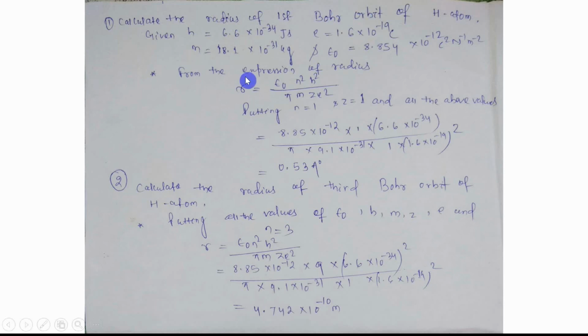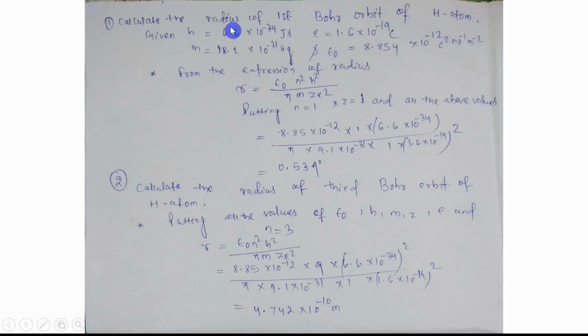We already know the expression for radius, and that expression is r equal to epsilon naught n square h square divided by pi m e square Z, and all the things are constant except this Z, and we have to put in all the values.